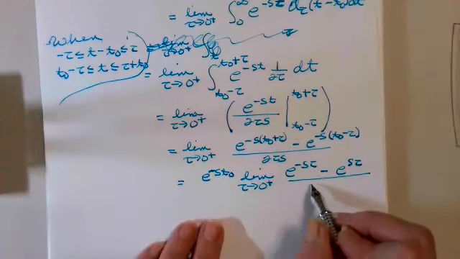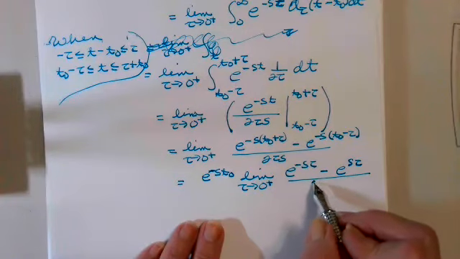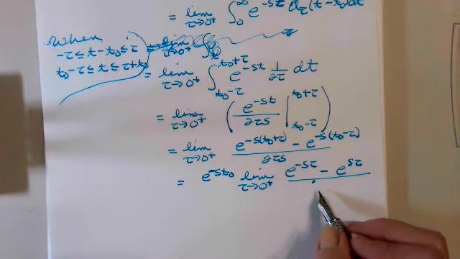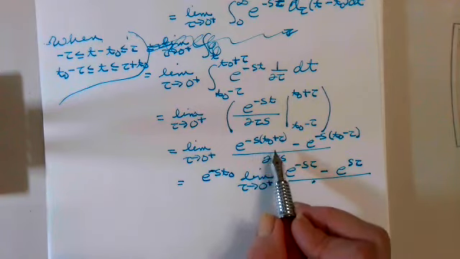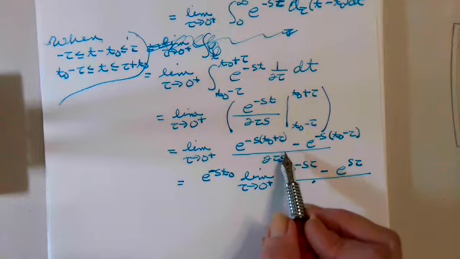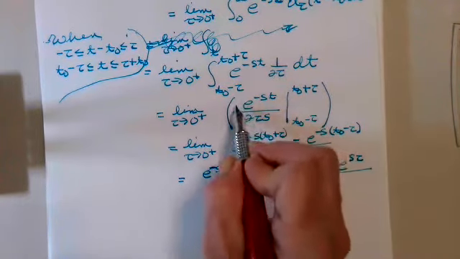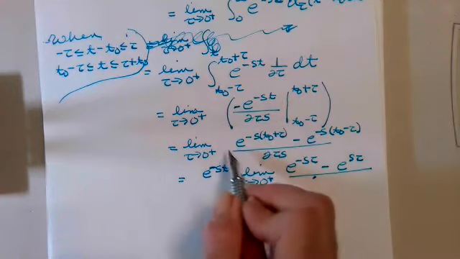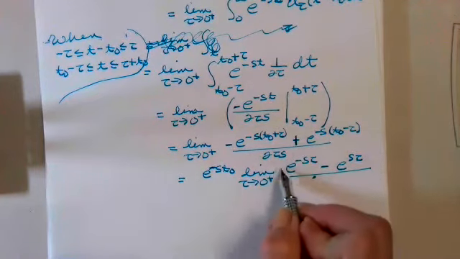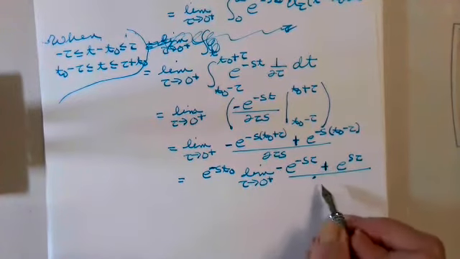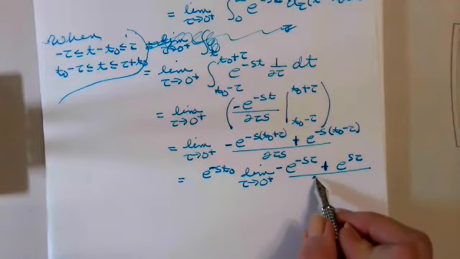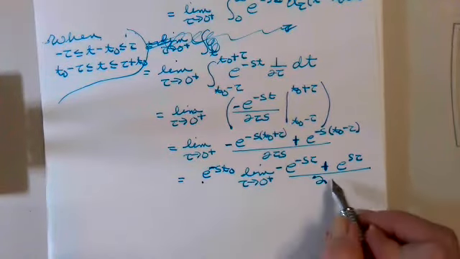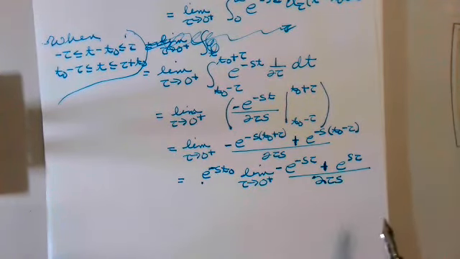Let me be careful. I left off a minus sign when I integrated because you have e to the minus st. That's my problem. So this is a minus and this is a plus. Now I'm dividing by 2 tau s, but I'm going to leave the 2 in here.